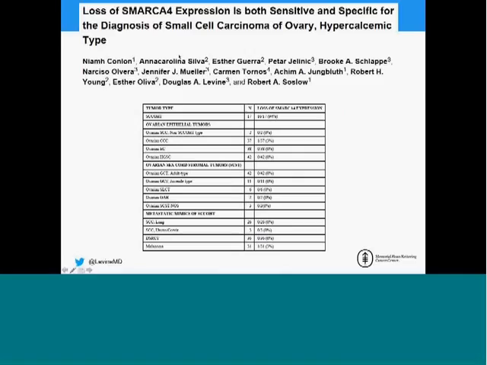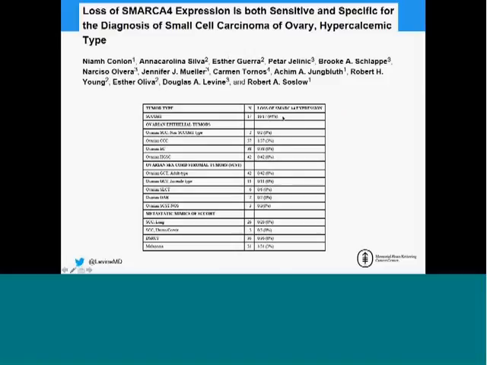Finally, here's another paper of ours that is actually accepted for publication. I'm not 100% sure it's available online, but if it's not, it should be out in a few weeks.